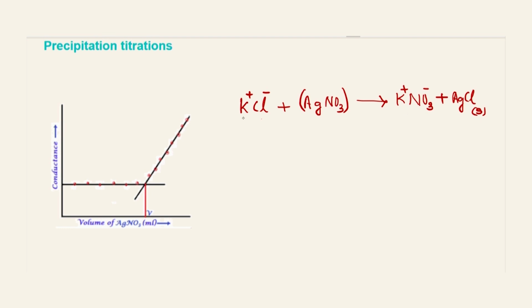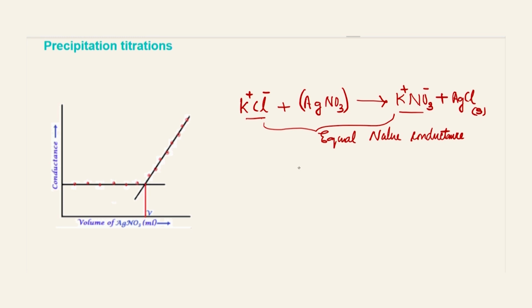Here, when we compare the conductance of KCl and potassium nitrate, they are almost equal, and therefore, there is not much change. So, you have a line that goes straight, parallel to the x axis, because there is not much change in the conductance while KCl is converted into potassium nitrate.